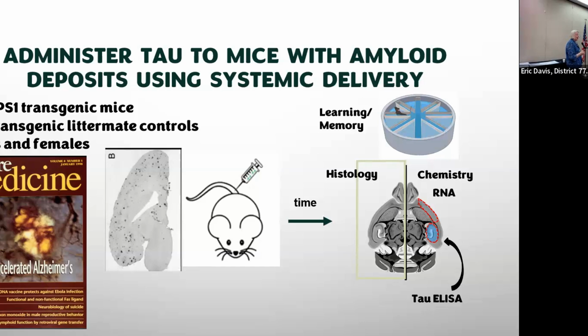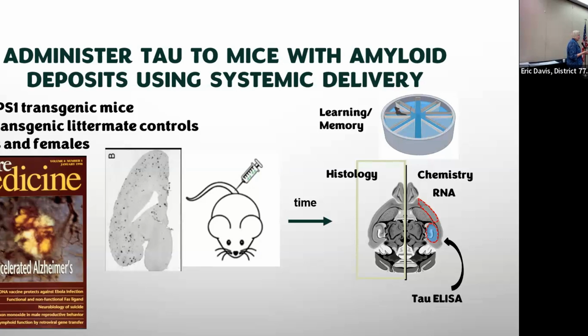And at the time, 25 years ago, this was a big deal and it got us a cover of a magazine. So there's my great picture of an amyloid plaque in a mouse. And of course, we can compare those to the control mice that don't have any amyloid.